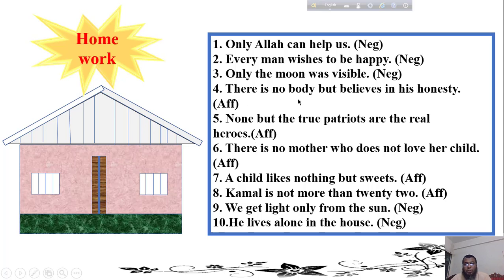Negative. There is nobody but believes in his honesty. Affirmative. None but the true patriots are the real heroes. Affirmative. There is no mother who does not love her child. Affirmative. A child likes nothing but sweets. Affirmative. Kamal is not more than 22. Affirmative. We get light only from the sun. Negative. Lives alone in the house. Negative.